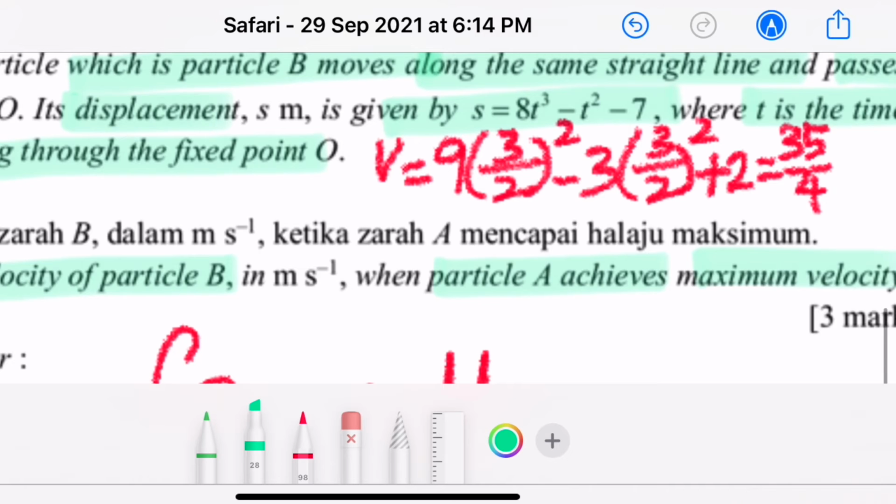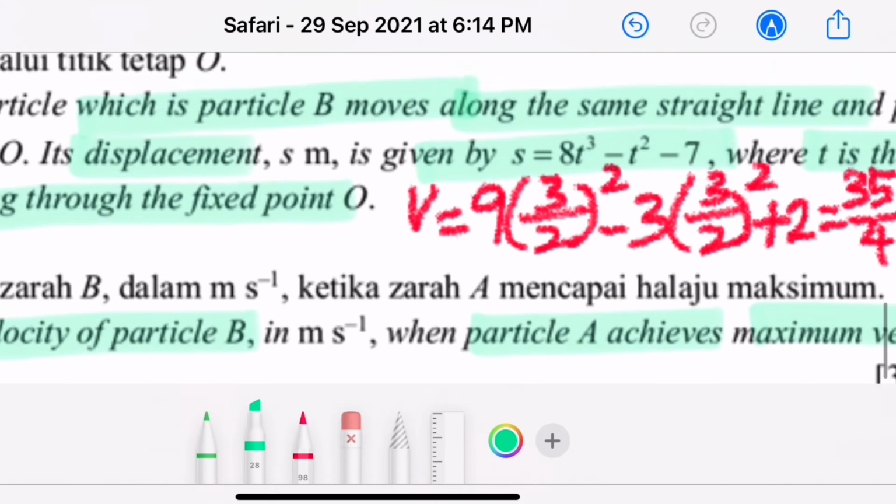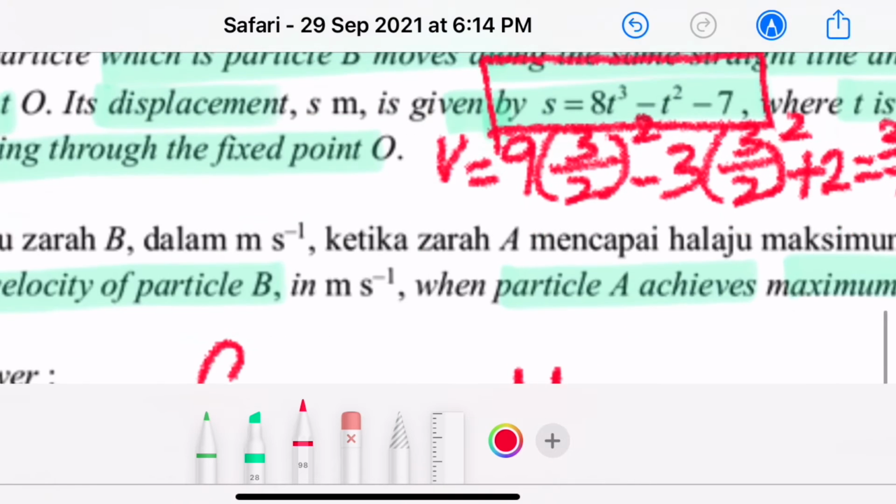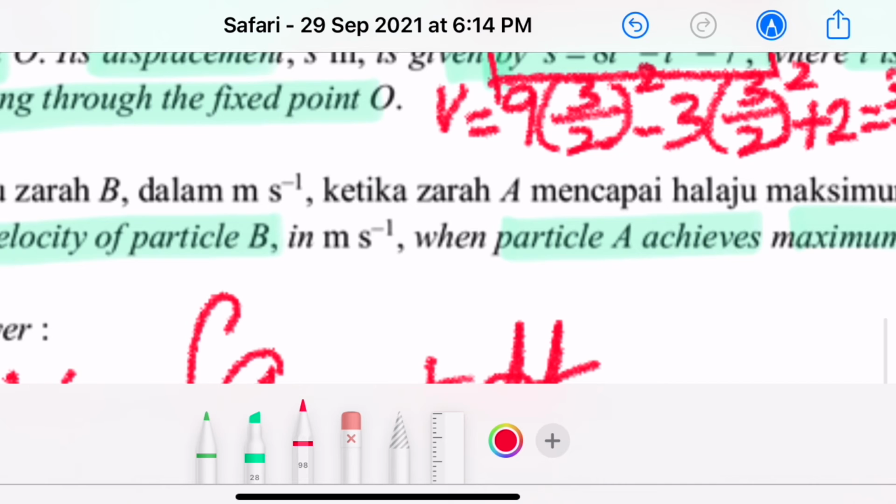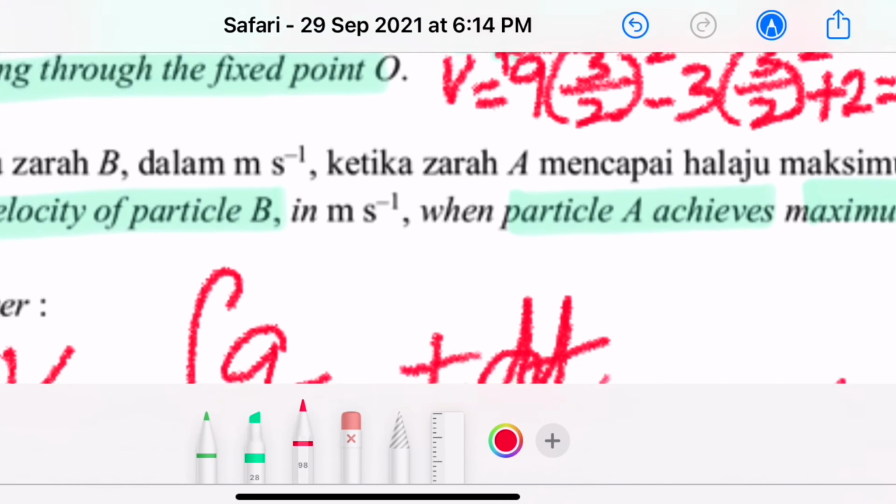Alright, this one we have to start from the displacement. Here we are going to start from here for the velocity of particle B. From the displacement, to find the velocity, we need to differentiate. To find the acceleration, we need to differentiate another time.